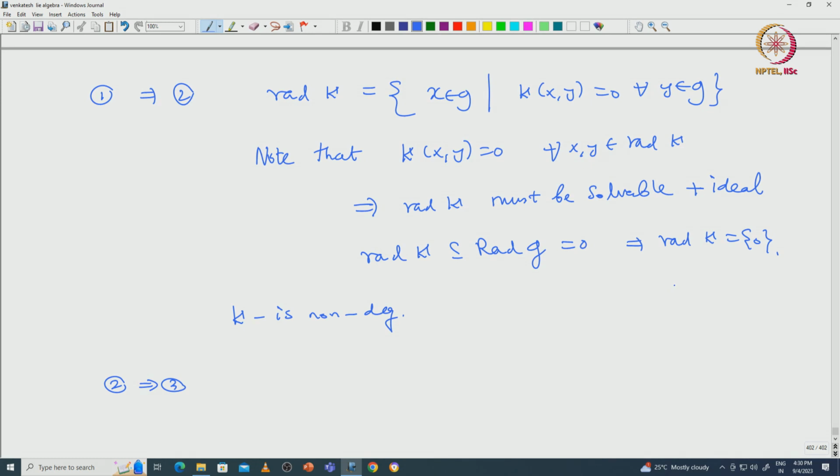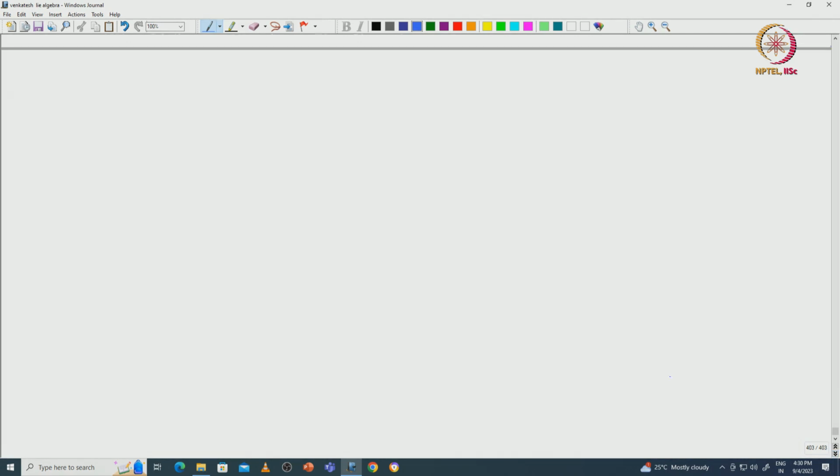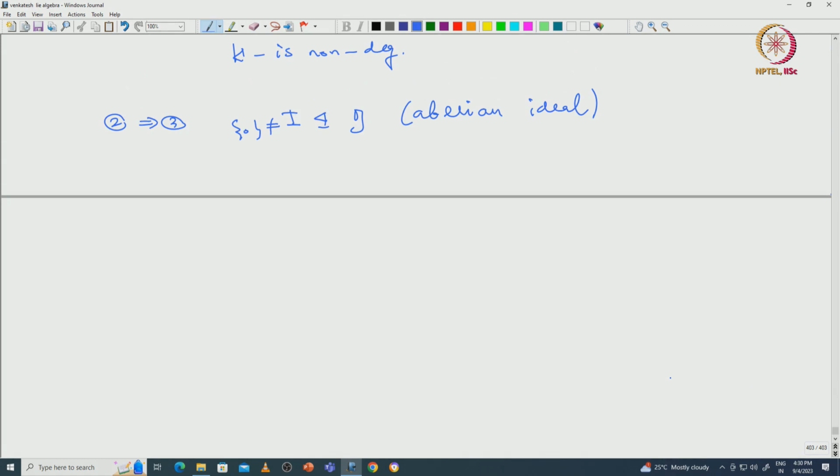So, let us assume that G has some non-zero abelian ideal I inside G. If we take A from I and X from G, then look at ad A, composition ad X, composition ad A. Ad A maps G to I, and then ad X maps I to I, then ad A will map I to 0.